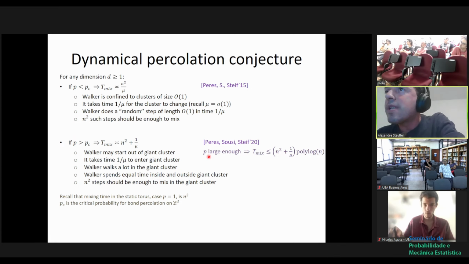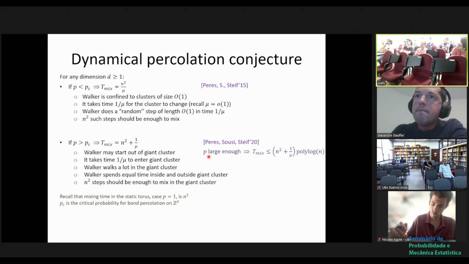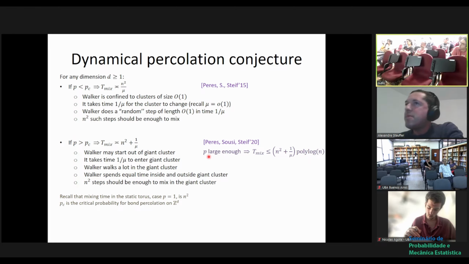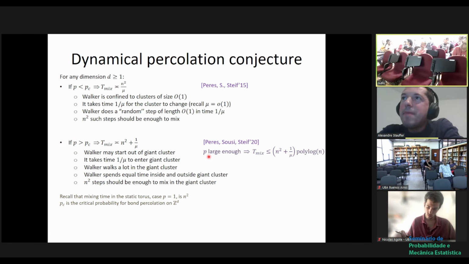Yes, please. I missed that maybe. So the mu may depend on n, right? And in these conjectures, is there any hypothesis on this dependence on mu? No, any mu. It could be even exponentially small in n.